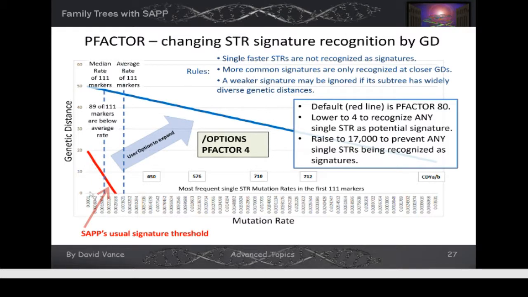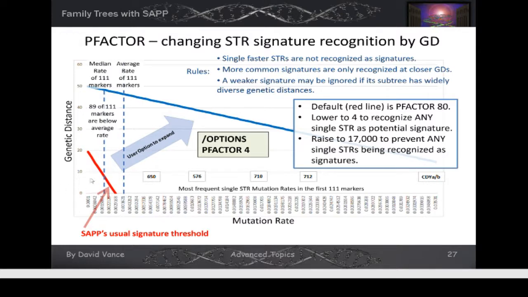So if the genetic distance is very low, if those kits are related to each other within a closer time period, it will recognize the faster mutations as a signature, but not up to 650, 576, 710, or 712, or CDY A and B on their own.